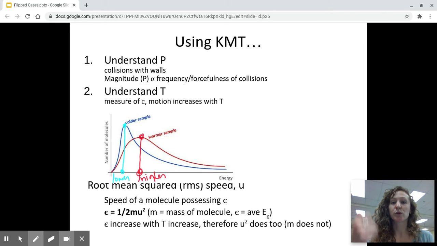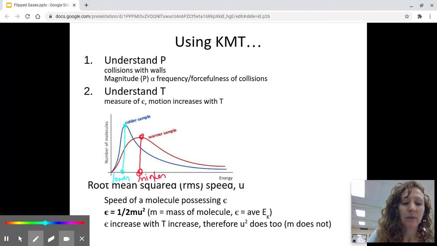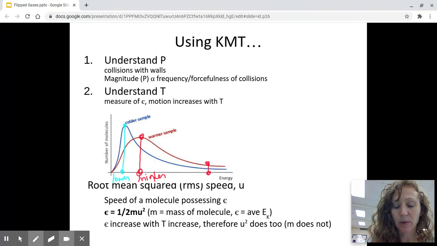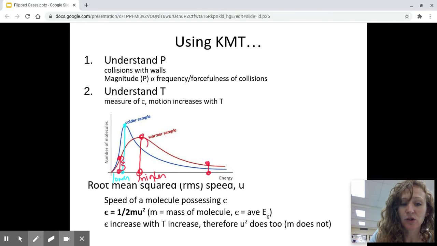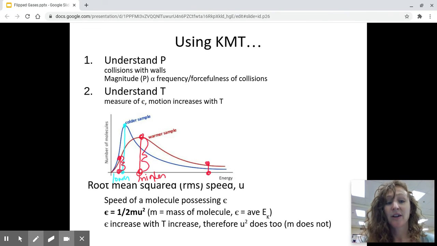The other conclusion that you should be able to draw by looking at this graph is that molecules in a warmer sample have a larger distribution. So notice there are more molecules for a warmer sample at a higher energy, which makes sense, but there's also more molecules in a warmer sample at a lower temperature too, when you compare the proportion of this to your average, right?